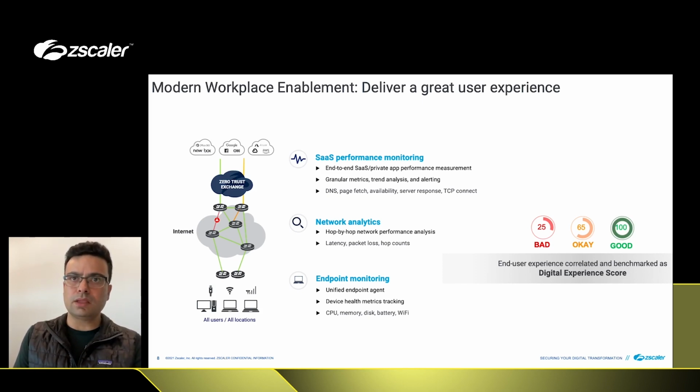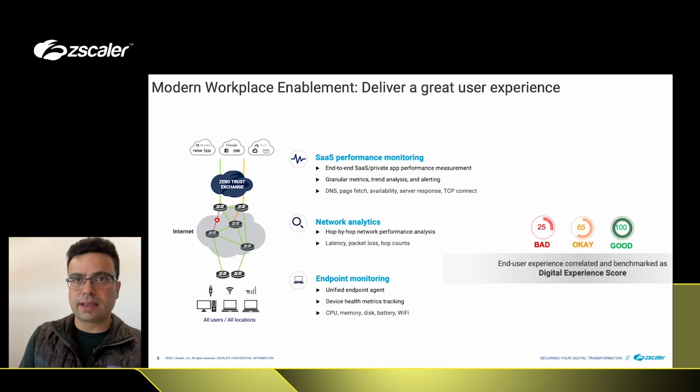Likewise, when you think about network, it is not about monitoring performance of the network from data centers or from certain vantage points. In today's world, every user is essentially connecting to the destination directly over the internet, so you have to figure out what is causing a delay or latency in the data path.